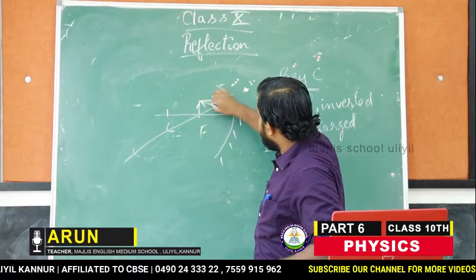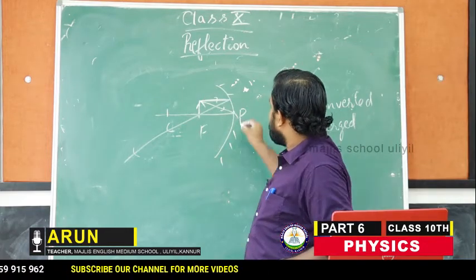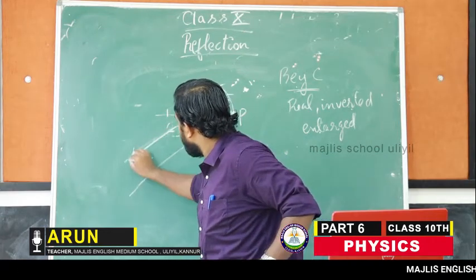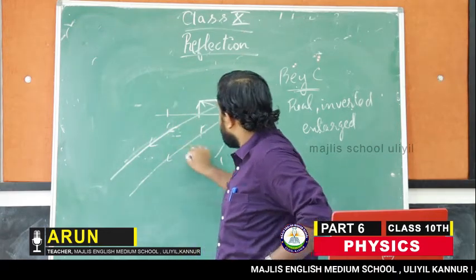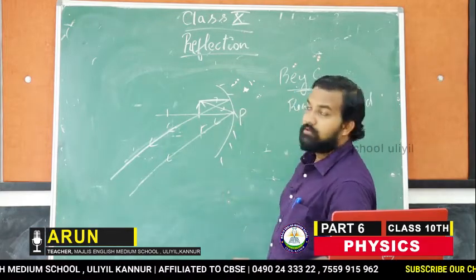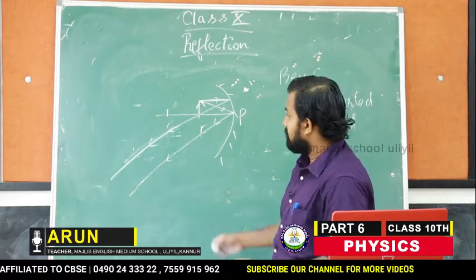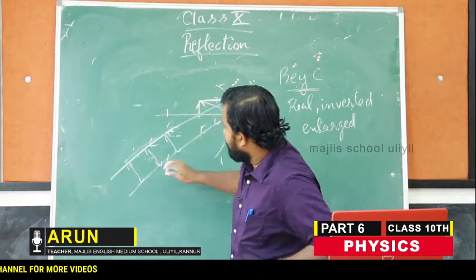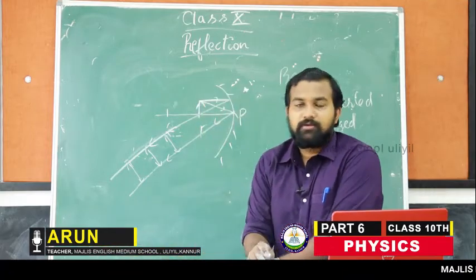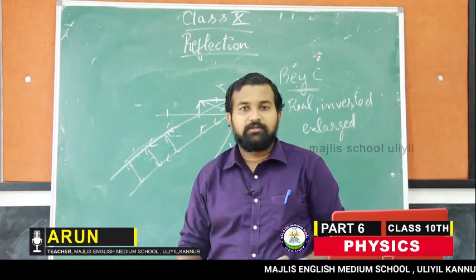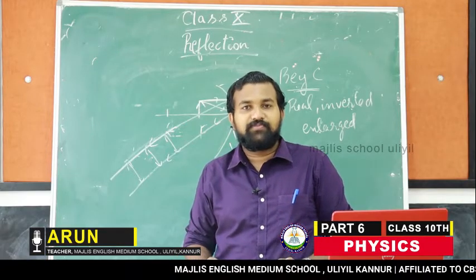The second ray I will take through the focus, through the pole, it will move with the same angle. So what are you seeing over here? We are getting parallel rays. Two reflected rays are moving parallel to each other, isn't it? So what can we understand? Will the image be formed?